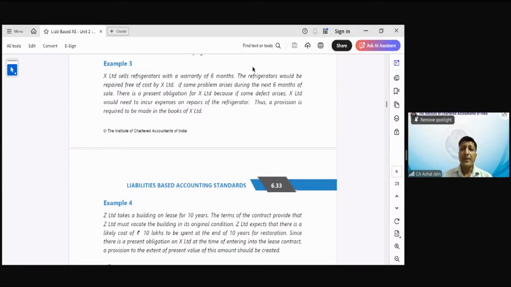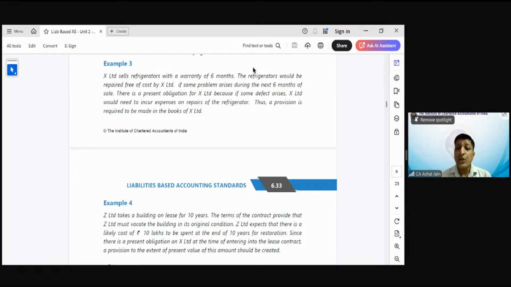Means after the period is over, after 10 years, it should be in the same condition in which I have given it to the tenant today. Generally, this clause is there in the agreement. Z Limited expects a likely cost of rupees 10 lakhs, which Z Limited will have to incur after 10 years so that the building is brought back to its original condition.